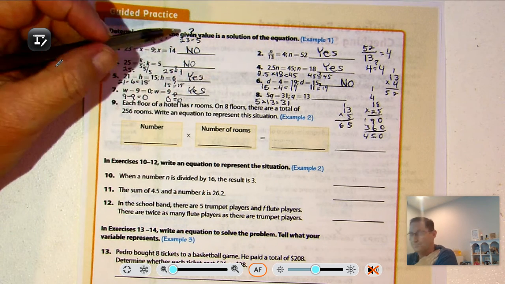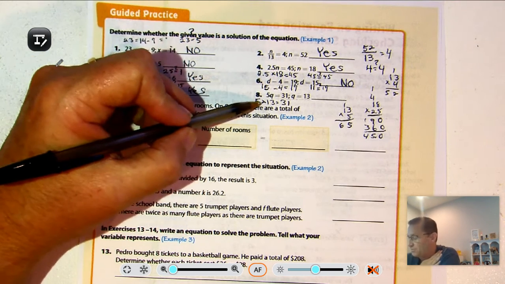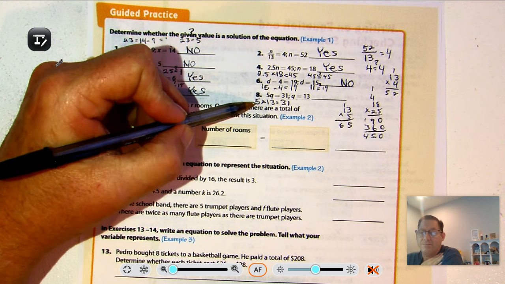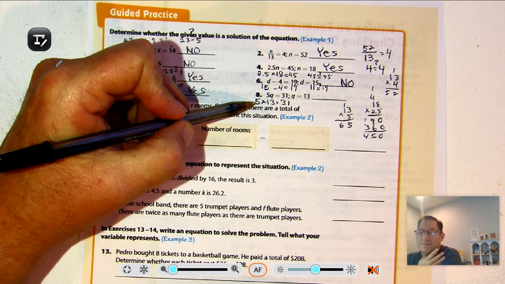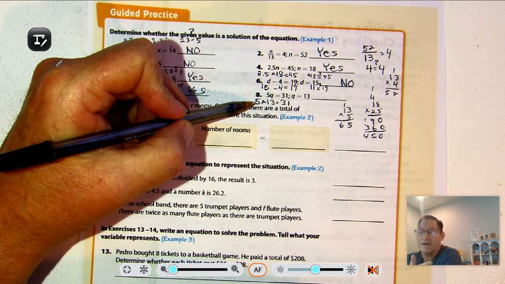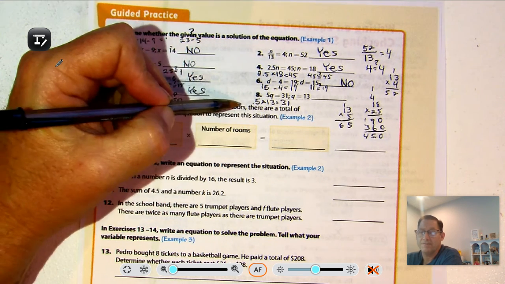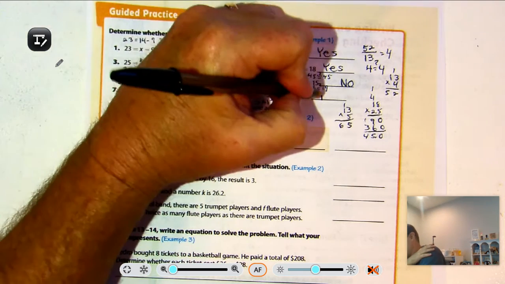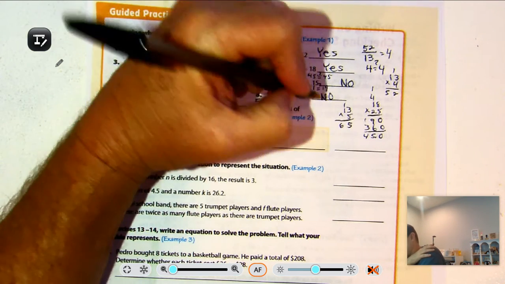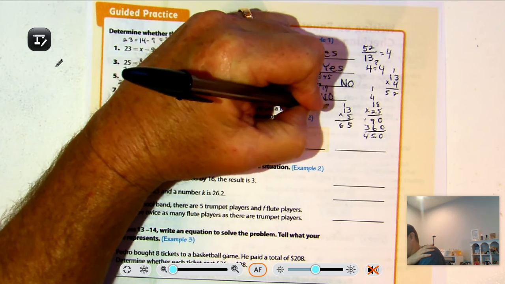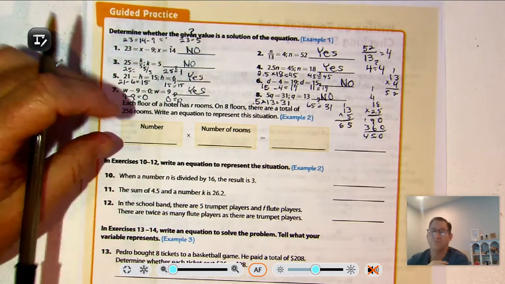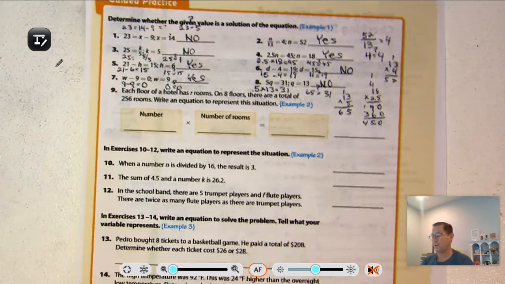And we could probably just use logic on that one. We know that any number times 5 has to end in 5 or a 0. So there was no way to get a 1 by multiplying by 5. So no, that's not a correct statement. 65 does not equal 31.